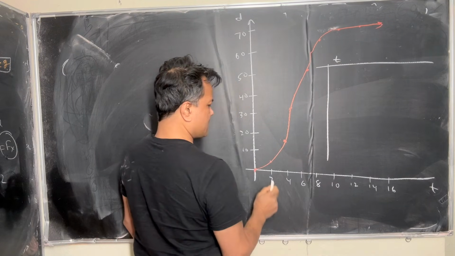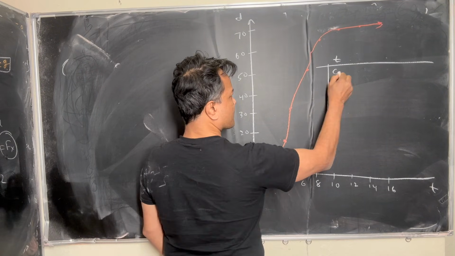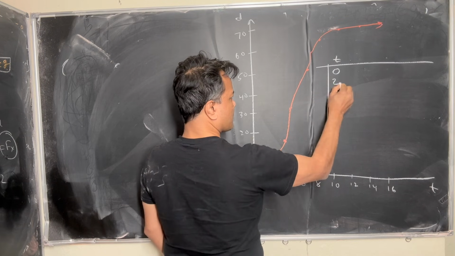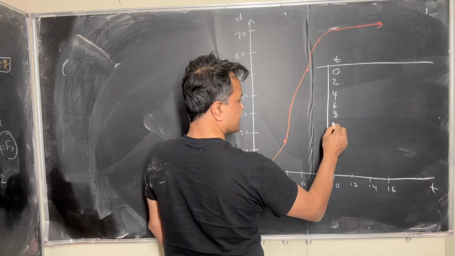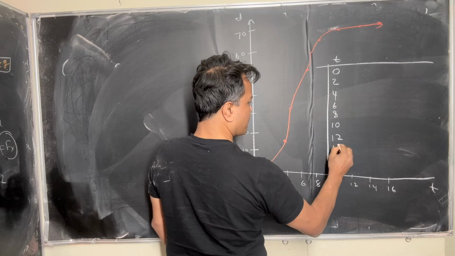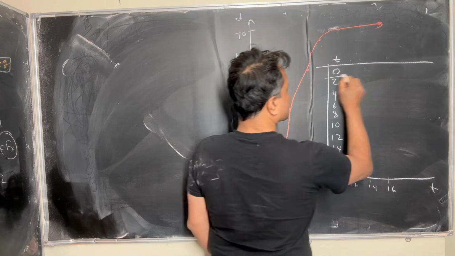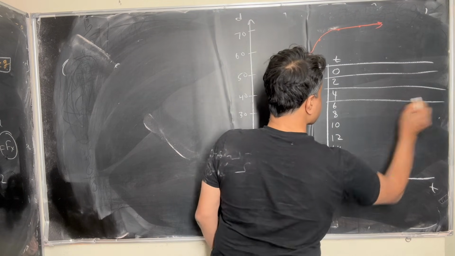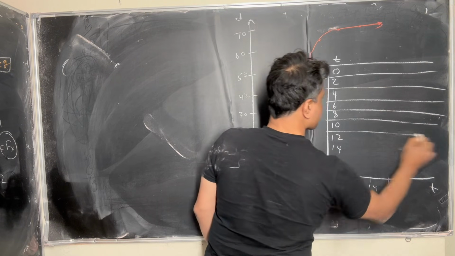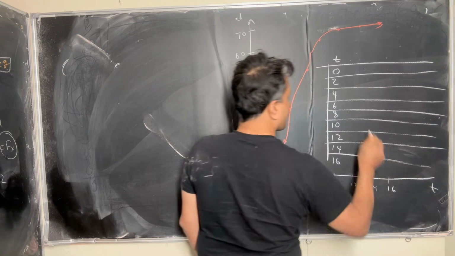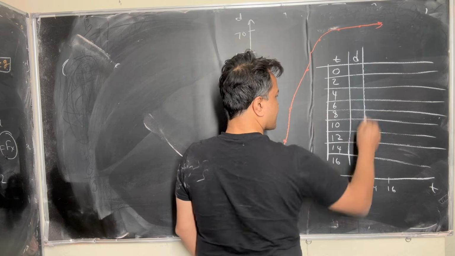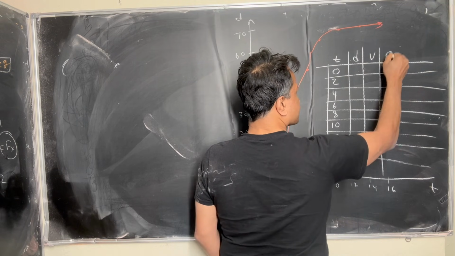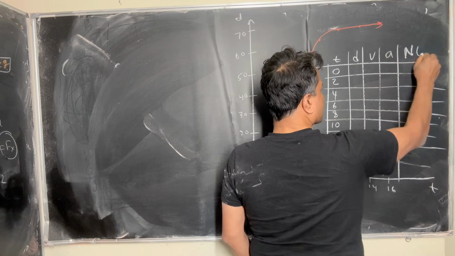The time is 0, 2, 4, 6, 8, 10, 12, 14, and 16. This is D, this is V, this is A, this is Newton's law.